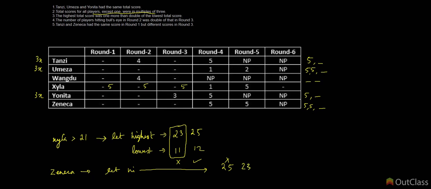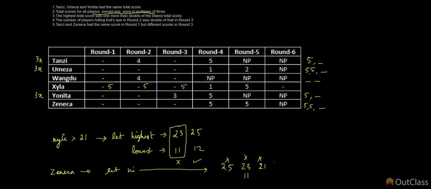Zeneca cannot be 23 and be the highest because of the same situation with 23/11. And if Zeneca is 21, the next high odd number, then Zeneca is already below Zyla. So we see that any case that we try to assume Zeneca is the highest, we get a contradiction immediately.